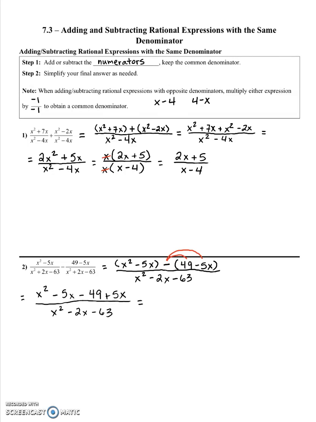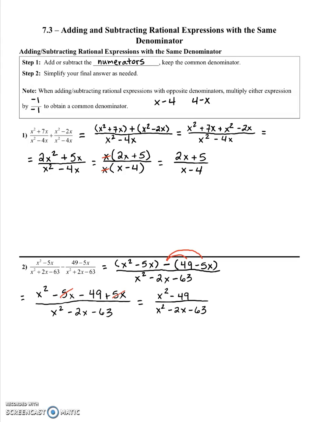So let's combine like terms in the numerator. We can see that the negative 5x and the positive 5x cancel each other out. And so we have x squared minus 49 all over the x squared minus 2x minus 63.